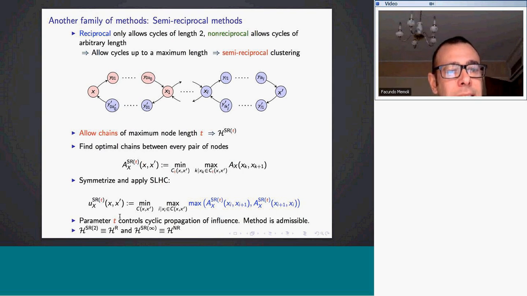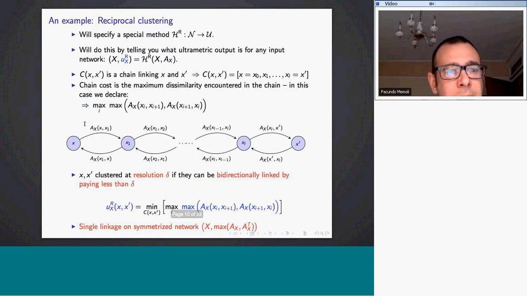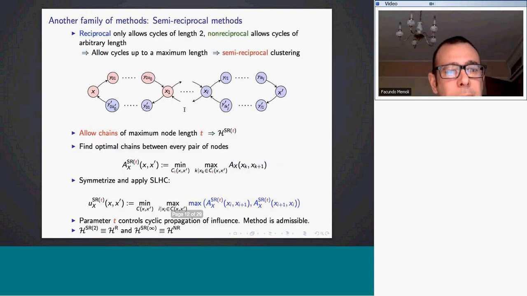If t equals 2, then you do the reciprocal method. So look at matching going and coming back. So then semi-reciprocal methods with parameter t interpolate between reciprocal and non-reciprocal methods. You can recover reciprocal methods by restricting t to 2 and the non-reciprocal method by formally letting t be infinity.